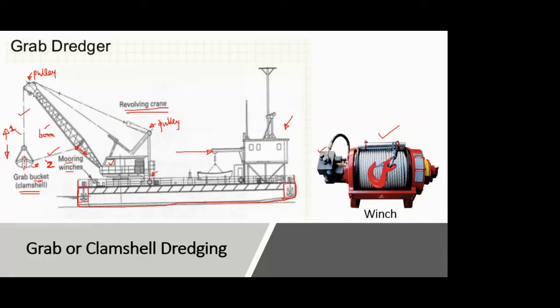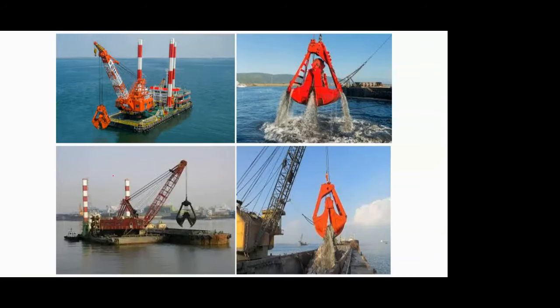So this is the grab dredger, and the actual photographs, you can see it looks something like this. Yeah, the actual shape of that grab dredger or grab bucket you can see in the bottom left photo, the one which I am just outlining with red.